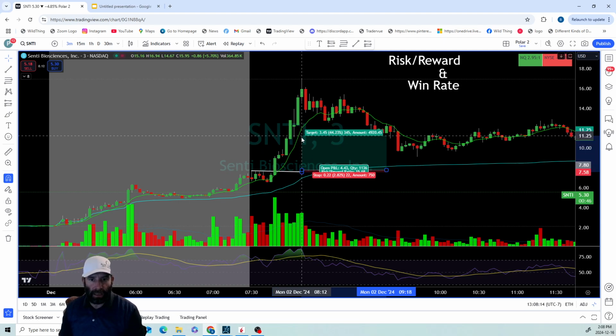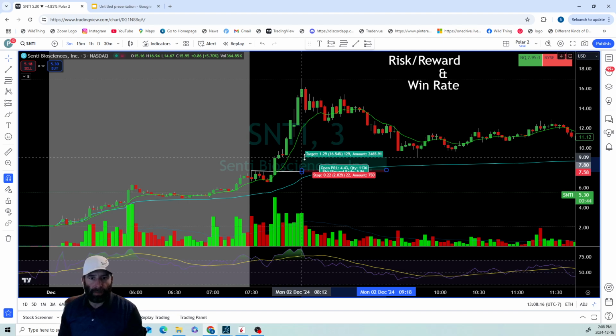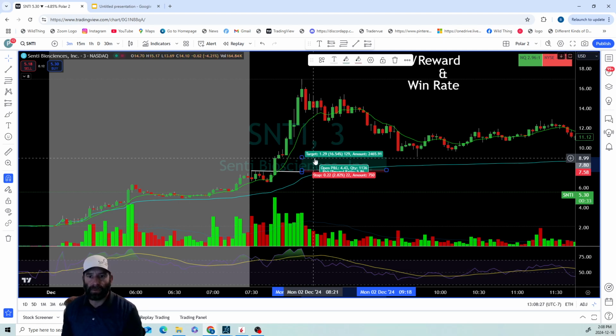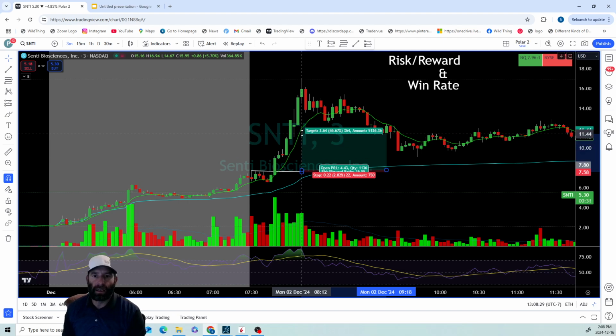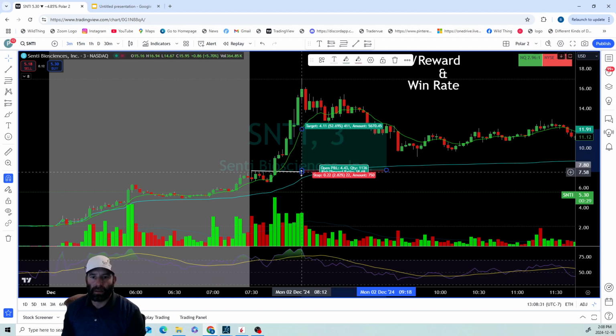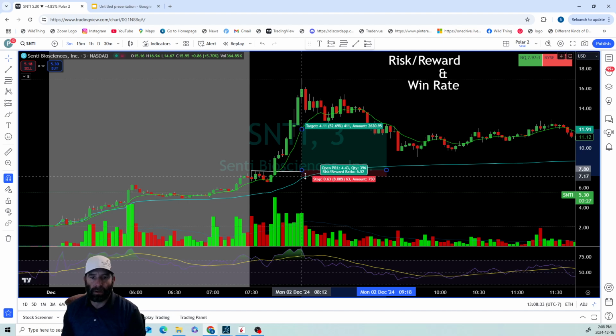So how did we do on this trade? We made a 2-to-1 profit on our first 50% of the position. Let's bring this back to where our stop was originally.